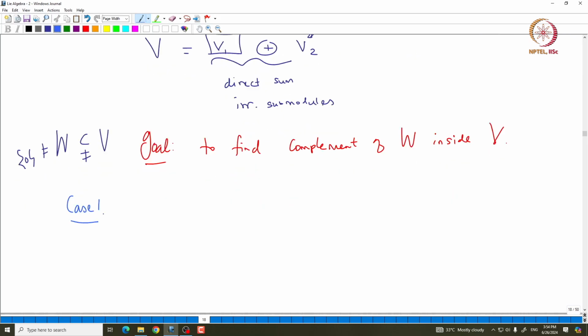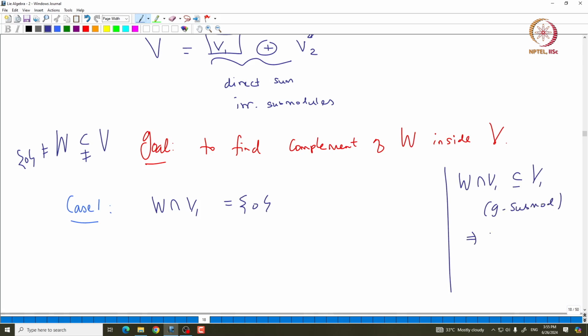Case 1, just look at W intersection V1. So, this could be 0 or it could be full. Okay, when you take W intersection V1, which is a G submodule of V1, that implies W intersection V1 is either 0 or entire V1.